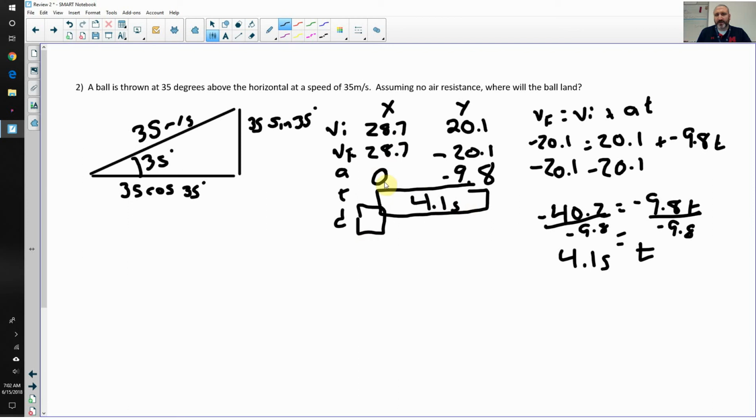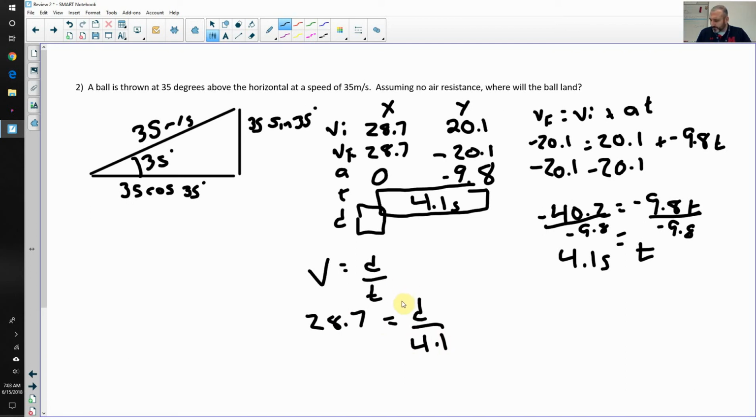Now if you've got something going 28.7 meters per second for 4.1 seconds, that's just V equals d over t, and again, we're calculating for d. So 28.7 meters per second equals d over 4.1.